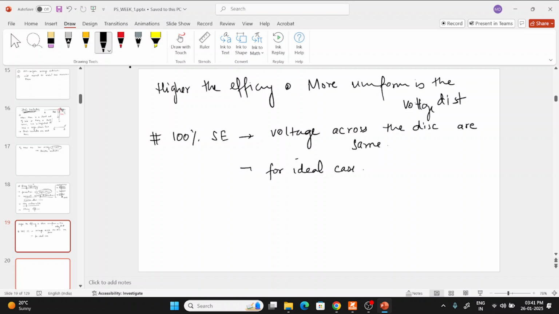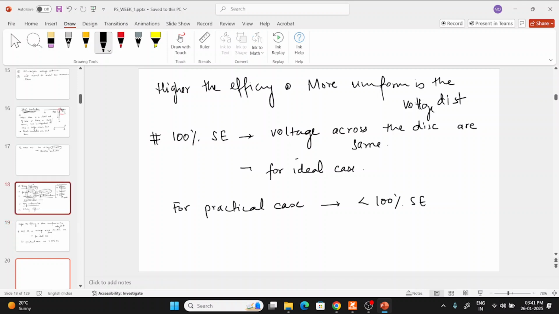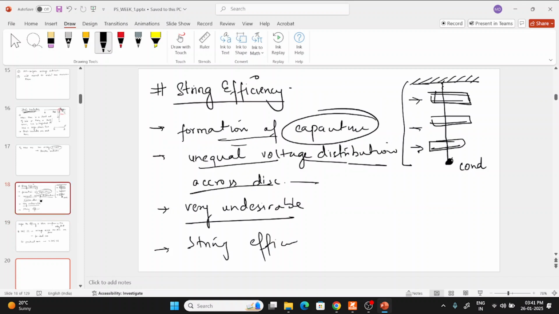For a practical case, it is always less than 100%. The reason I have already told you: the formation of the capacitance.